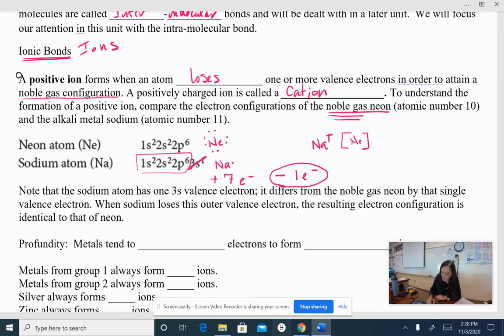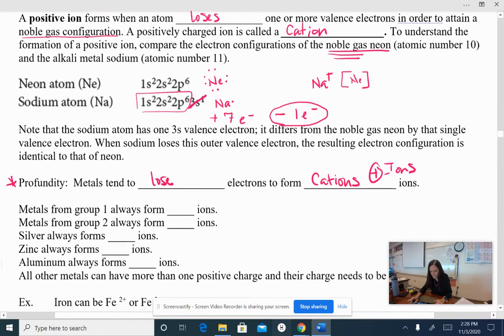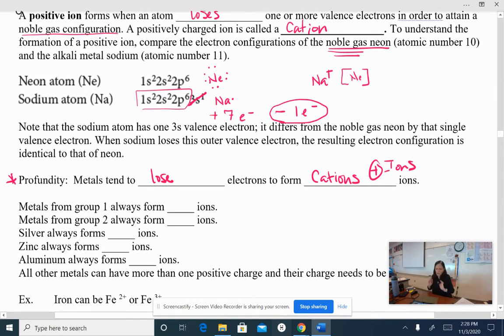So here's the big idea here. Metals tend to lose electrons to form cations or positive ions. Okay, so metals always lose their valence electrons to create positive ions, or cations. Metals from group 1 always form +1 ions.